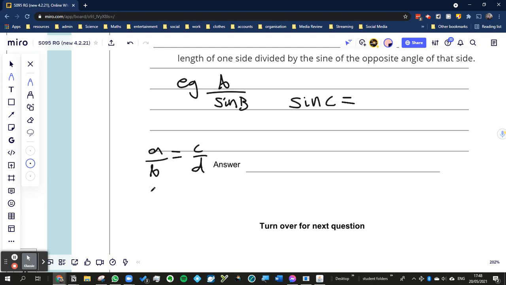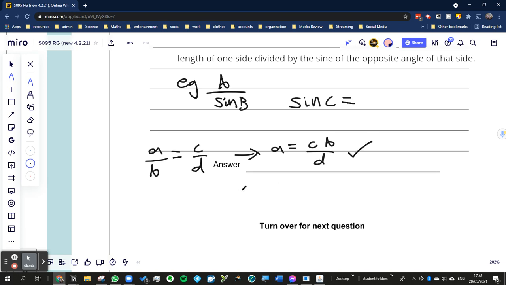You multiply both sides by B, and you end up with A is equal to C times B, all divided by D. That one's done.